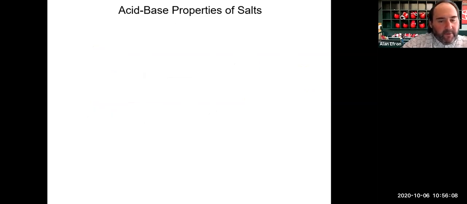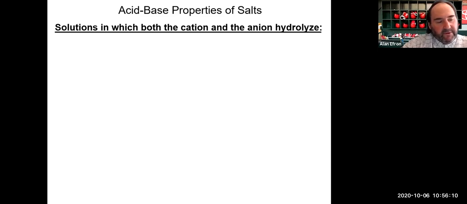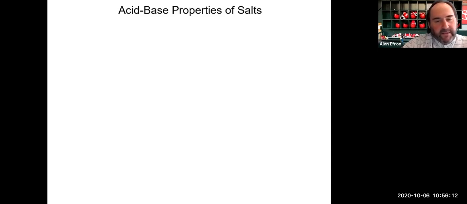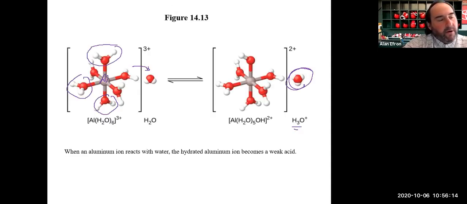Now, up until this point, we've talked about salts where only really one part of the salt could go through hydrolysis. But it is potentially possible that you could have a salt where both parts went through hydrolysis. So, for example, if you had something like ammonium fluoride. Yeah.